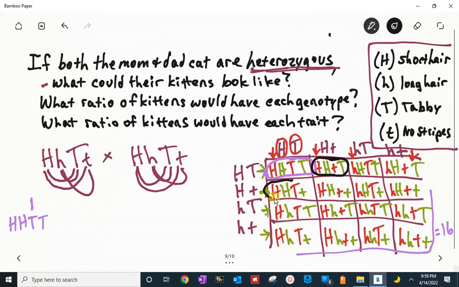So here is 2 capital H's, a capital T and a lowercase t. And I think that is it for 2 capital H's and 1 capital T, 1 lowercase t. So that's going to be 2 squares that have that combination in them.